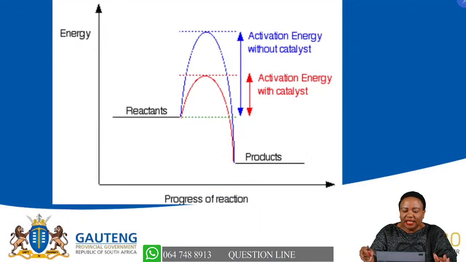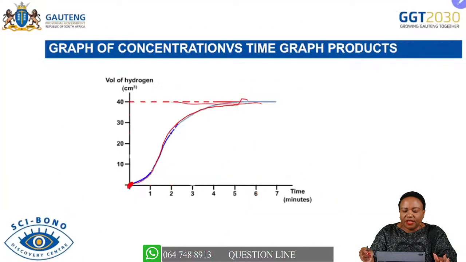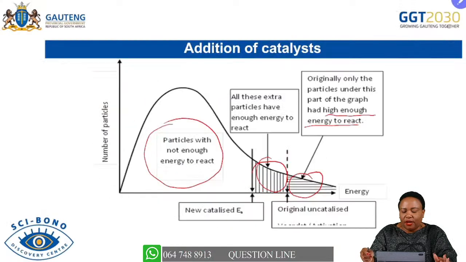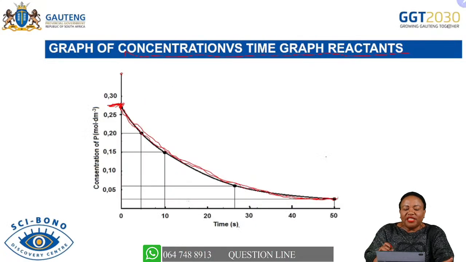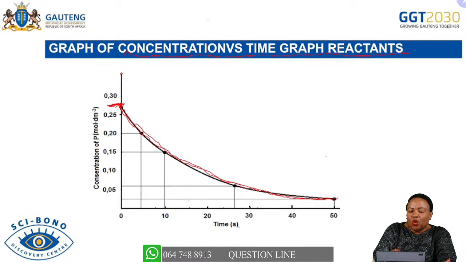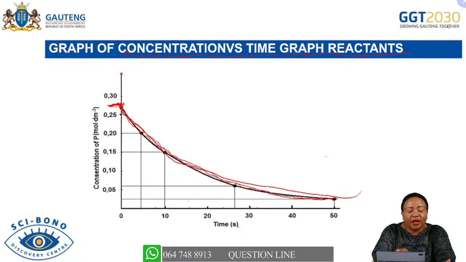In our previous lesson, we have seen that when we are looking at the concentration as the reaction proceeds, the reactant concentration decreases.